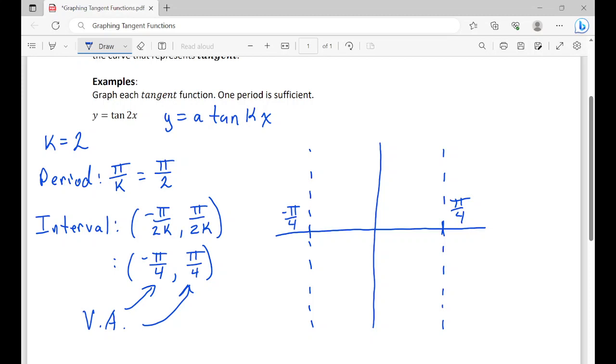If it does have a vertical shift, where it crosses the x-axis will change. But because this has no vertical shift, it's going to be square in the middle, right there. And the basic shape of tangent, because this has no reflections or anything like that, it's just going to look like this. And there is my graph for this tangent function.